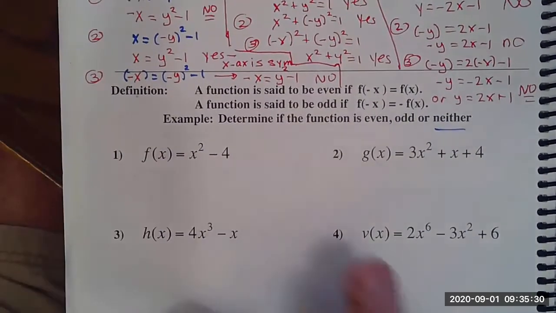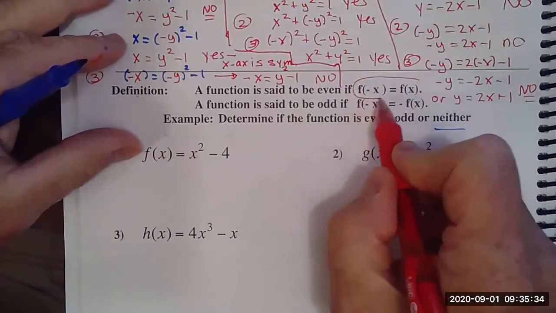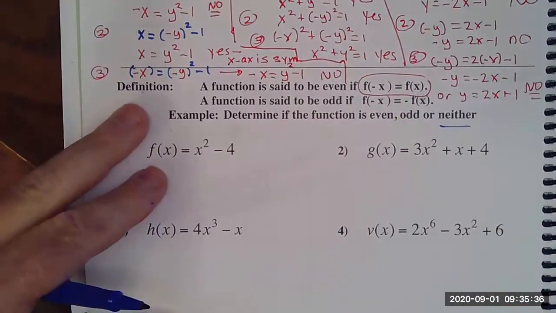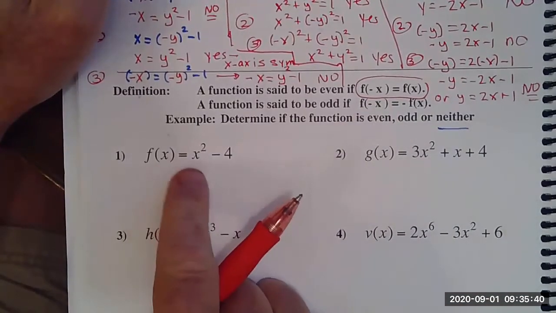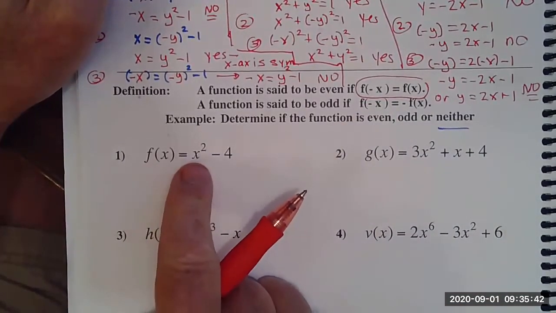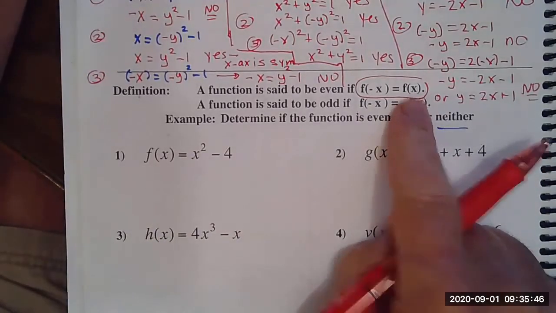So the formula that's describing even would be this one here. And what does that mean? That means if you make this negative x, let x be the opposite, do you get right back to where you started from? That's what it's saying.